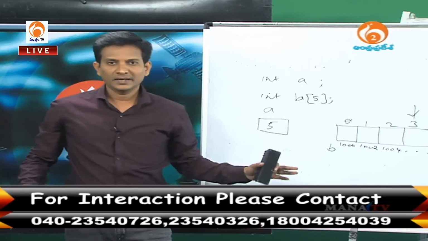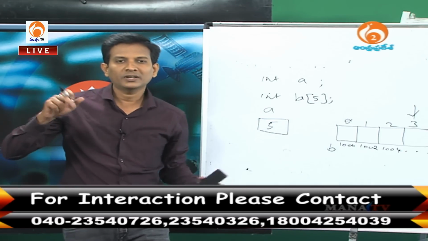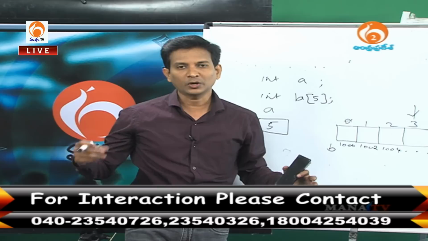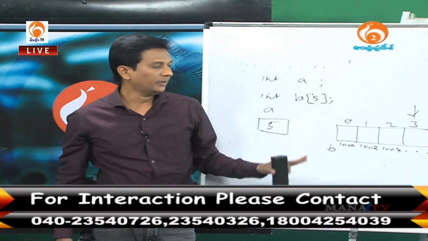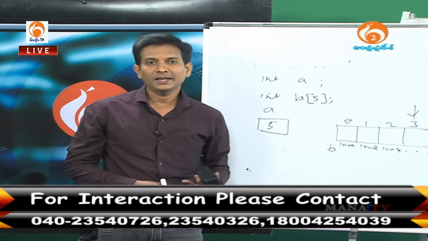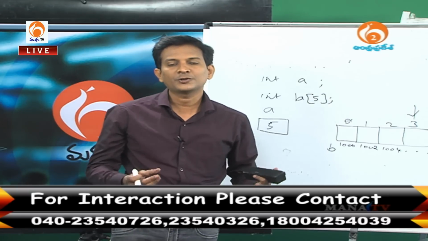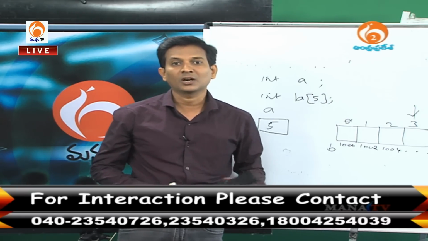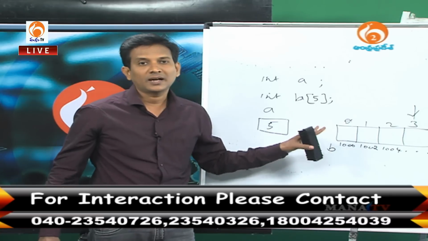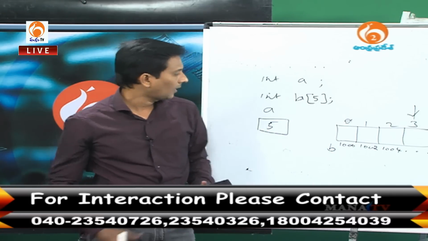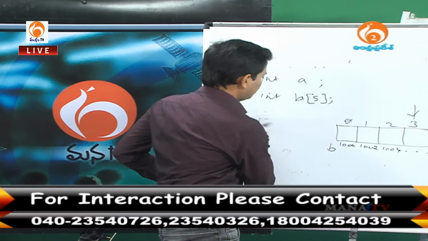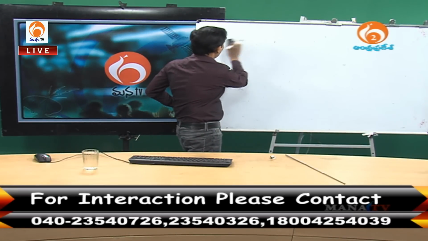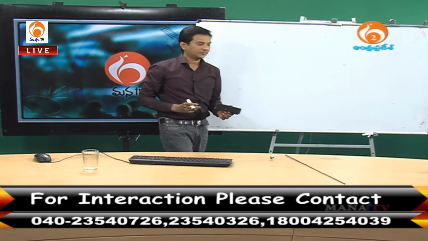In this kind of situation, we go for the linked list, where that can be achieved. But the problem with the linked list is that accessing and storing becomes somewhat tedious, meaning difficult, not as easy as arrays. Next, pointers.